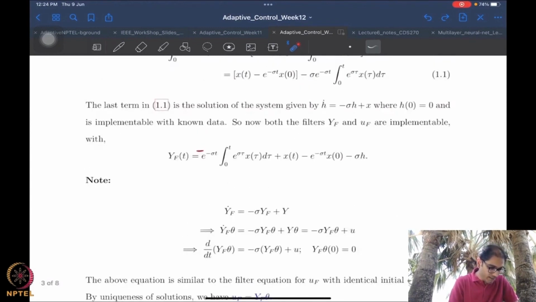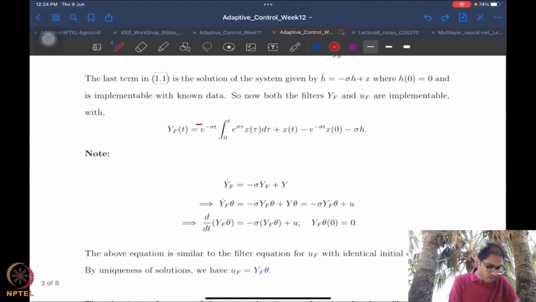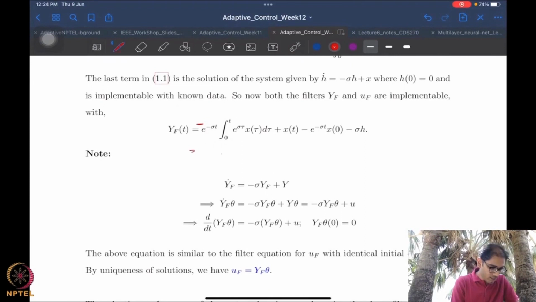And if you now look at this term also, this is also in fact equal to h. And this is also equal to h in this particular case. So this actually becomes minus sigma plus 1 h plus xt minus e to the power minus sigma t x0, right?